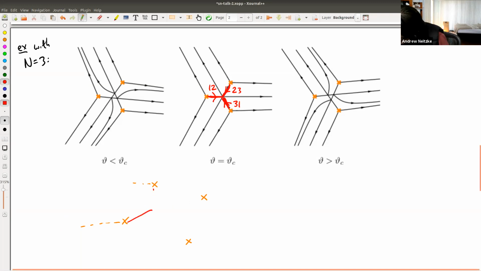We would allow something like this, where whenever I have an ij thing, it can end either on an ij branch point, which we'll just assume is labeled correctly, or it can end on an internal trivalent vertex.